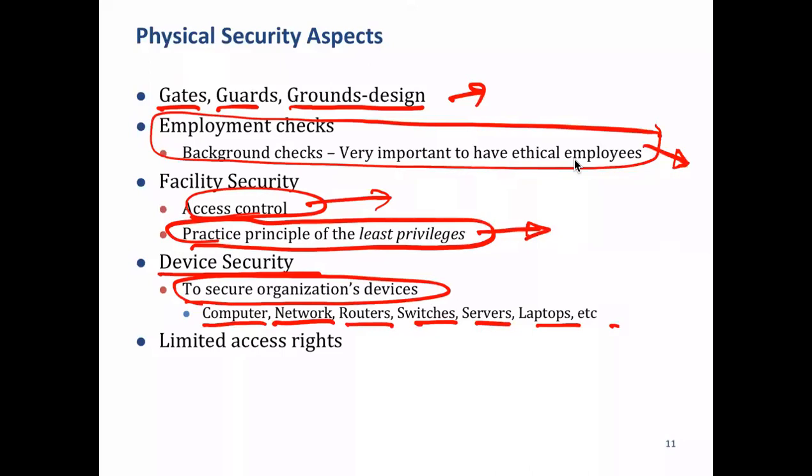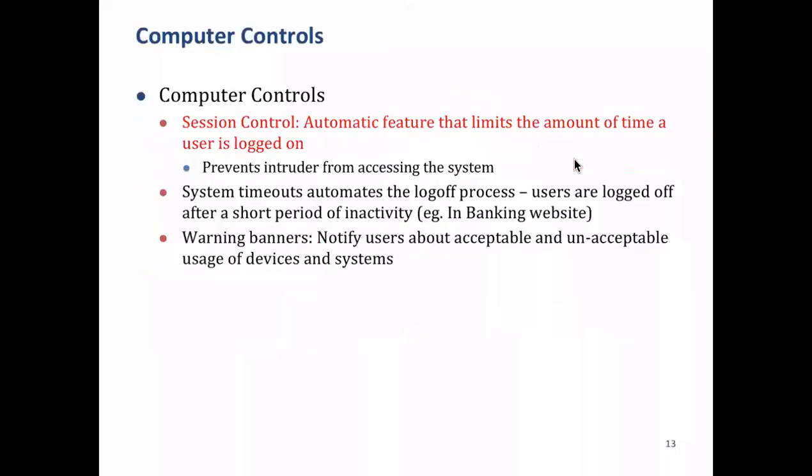This chain is given, and special kinds of laptops come where a lock can be applied, so nobody can steal it, right? In a company where I worked, they gave me a special screen to put on the laptop screen so that somebody cannot do shoulder surfing, which we will study after a few slides.